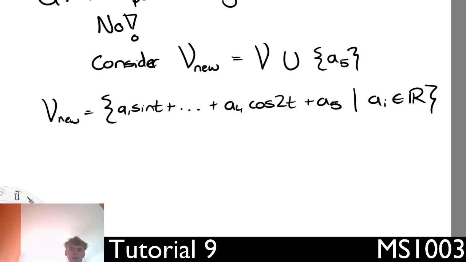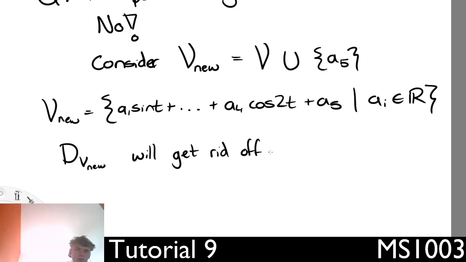It's got this a5 here, but I know that if I apply dV new onto some function f, it's going to get rid of this a5. If I differentiate a constant, that just gives me 0.